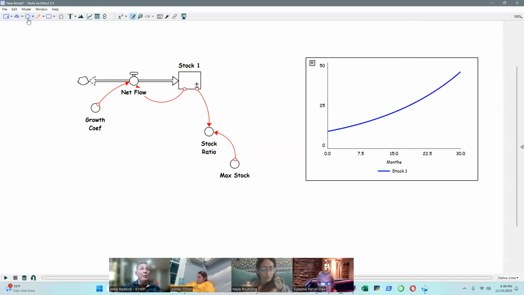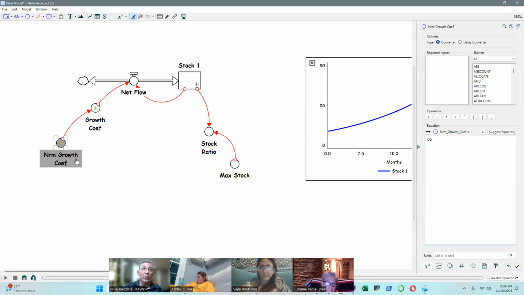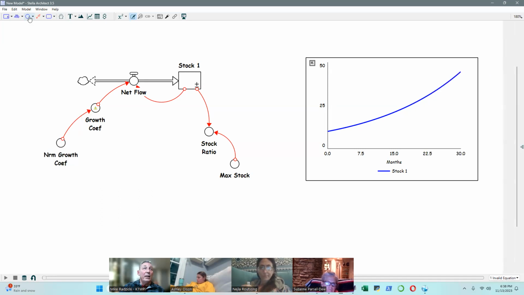Then I would probably say, whatever I call this, it's just simply growth coefficient. I could say normal growth coefficient. And what did I say here? 0.05. It doesn't matter, 0.05. And then we can say effect.